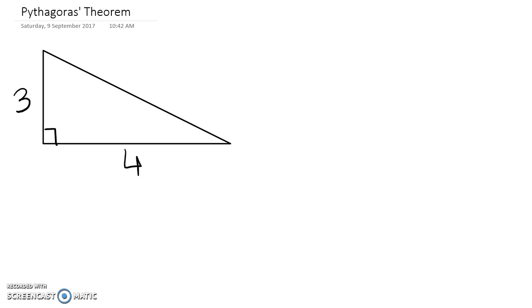We'll have to calculate the side C. So again we'll use A and B, and we'll use blue for C. So A squared plus B squared equals C squared. So let's plug in the numbers and see what happens.